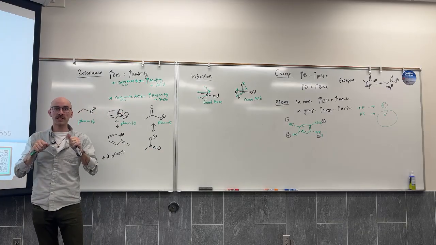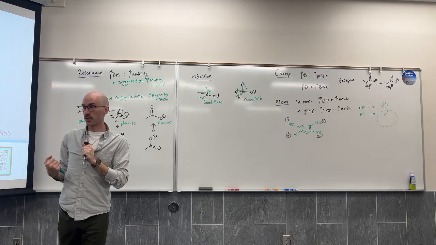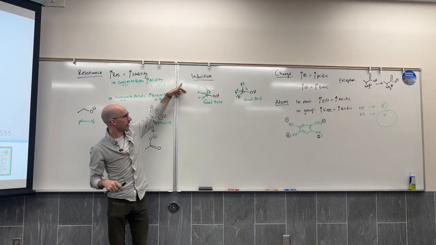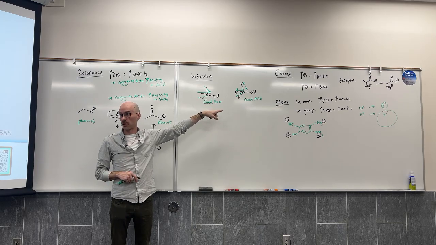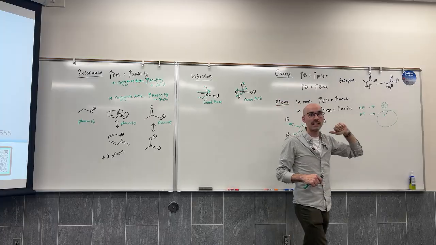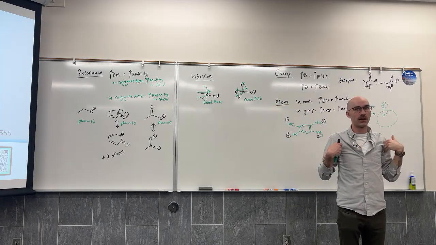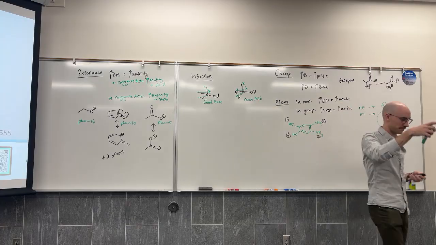Induction is forcing electrons in or forcing electrons out. If I force electrons in, it's more likely to donate electrons. If I force electrons out, it's more likely to accept electrons. It's more likely to donate its hydrogen.